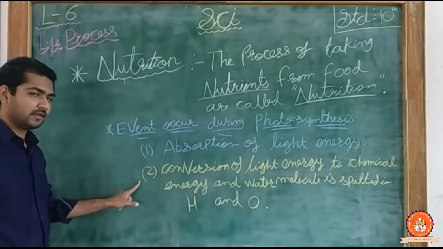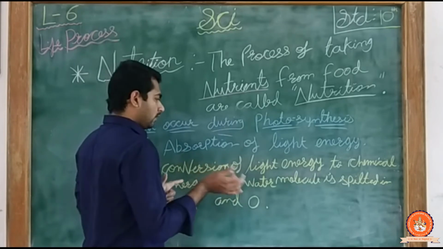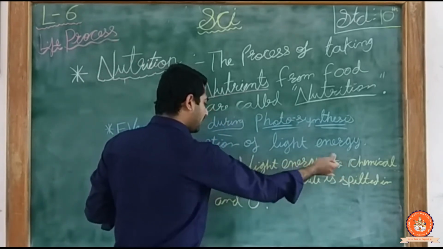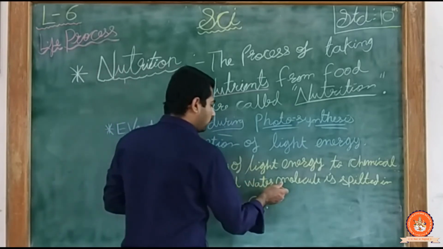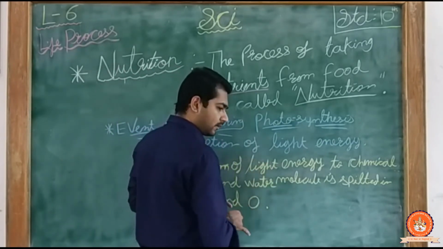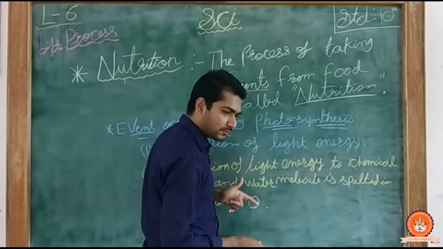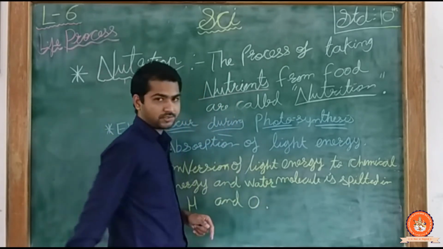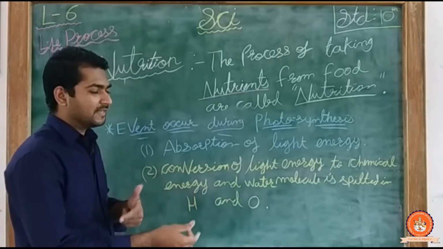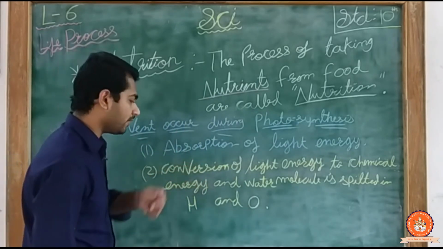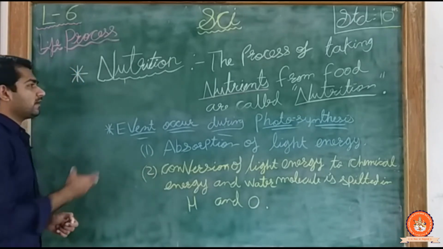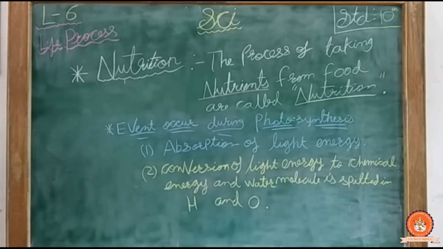Clear? Second thing, what happened? When the light is absorbed by the plant, the light energy gets converted into chemical energy, and the water molecule present in the plant is split into hydrogen and oxygen. You have seen this in the chemical reaction which I wrote here. The third point is, here is no space, so first of all write this point so I can rub above.